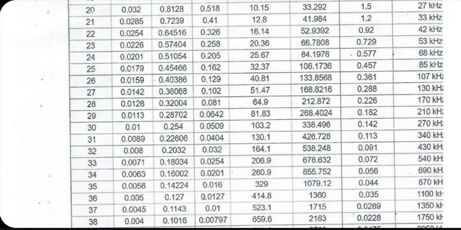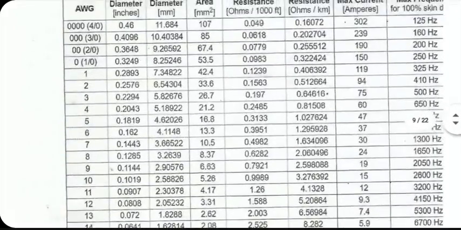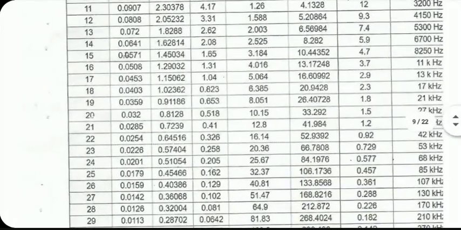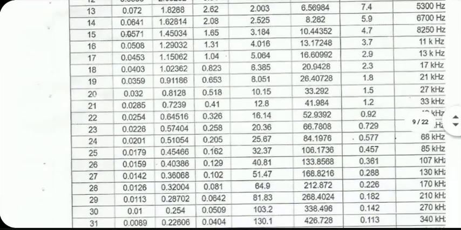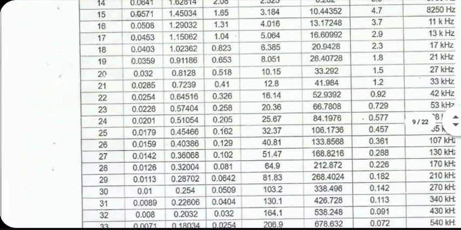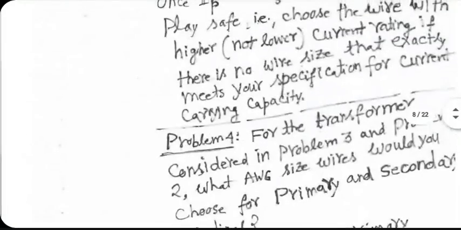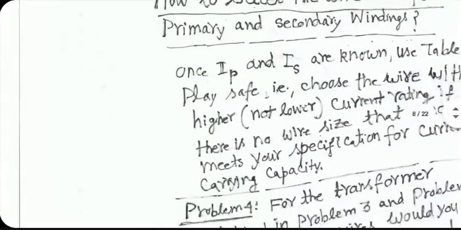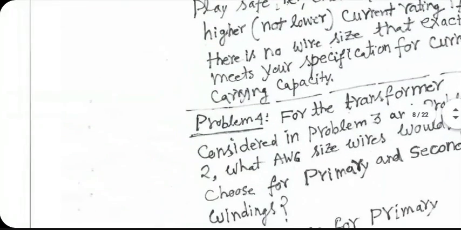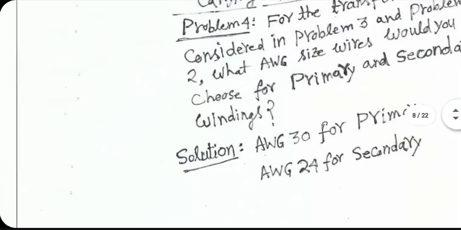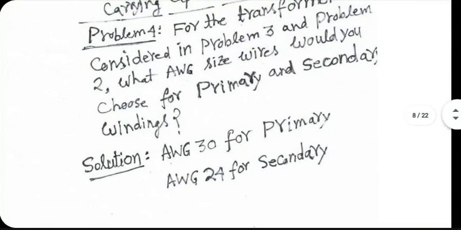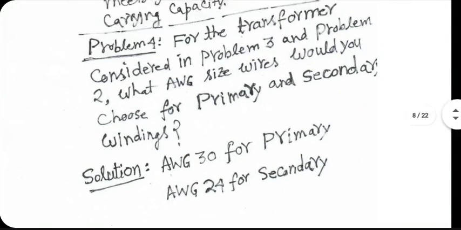It is lower than what you need. So go for the next higher value. The current of 0.142 ampere is supported by number 30 wire. So for primary current, I would recommend AWG 30. Yeah, AWG 30.